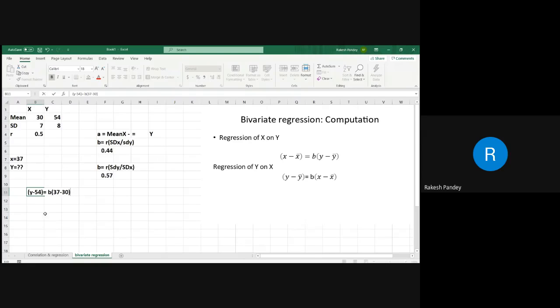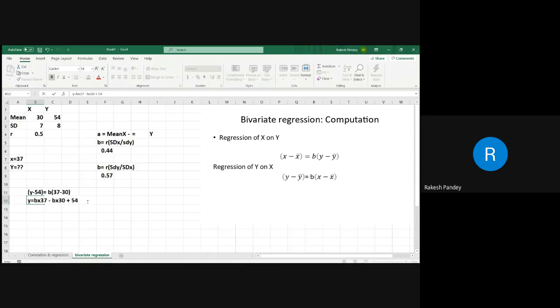So what will be the value of y? Y will be equal to b into 37 minus b into 30, plus this 54 will come this side, so this will be plus 54.